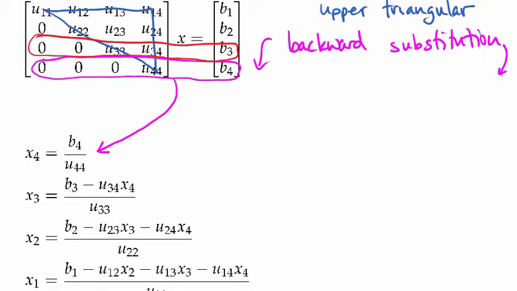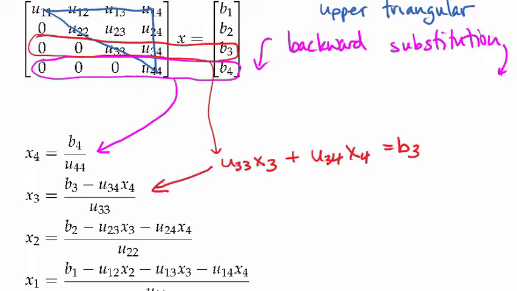So this equation starts out as u33x3 plus u34x4 equals b3, which then rearranges into what you see here, solved for x3.